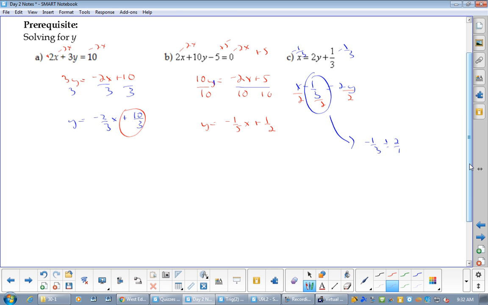So that is the same thing as negative 1/3 times 1/2. Negative 1 times 1 is negative 1, and 3 times 2 is 6. So my new form is x over 2 minus 1 over 6 equals y.